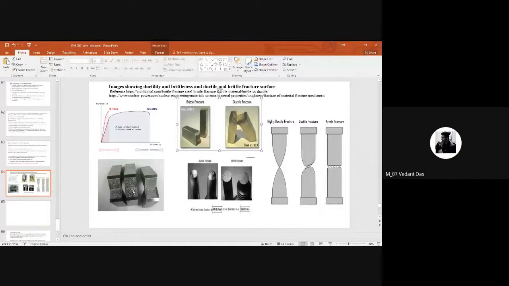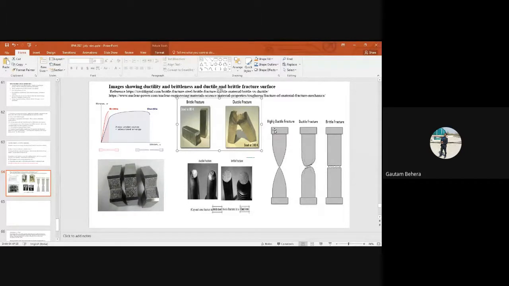It's some rough region, some fibrous region, and not a plain region. So this is a ductile fracture surface. This material is ductile, but this material is a brittle material because you can see this is shiny. They have less fibrous region. They are basically showing some facets. Very plain surface is present, right? So this is a brittle fracture.